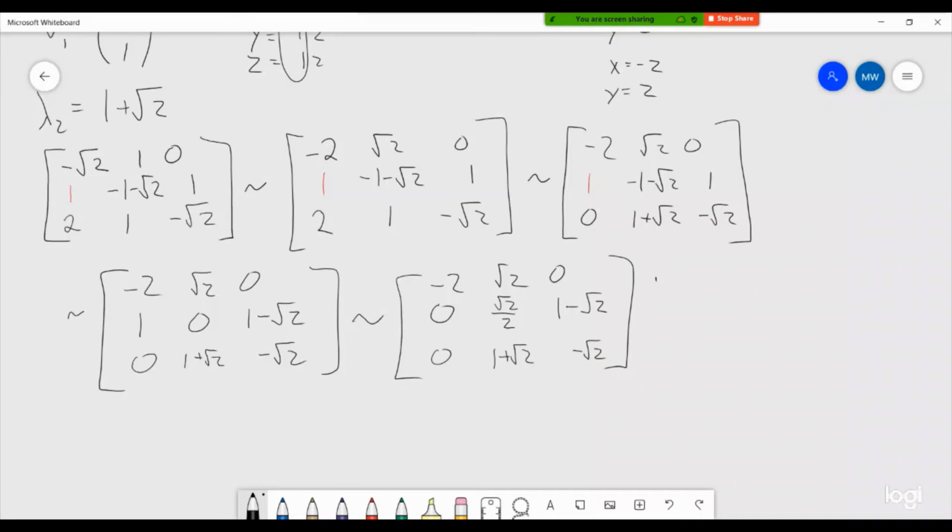And then, let's see, how might things cancel out nicely? Let's double the second row. So that's just the square root of 2. And then this is going to be 2 minus 2 root 2.